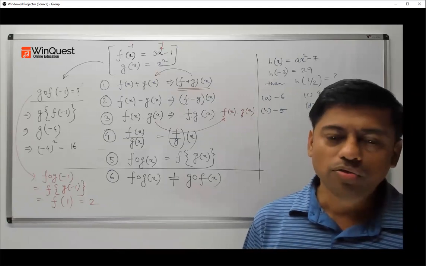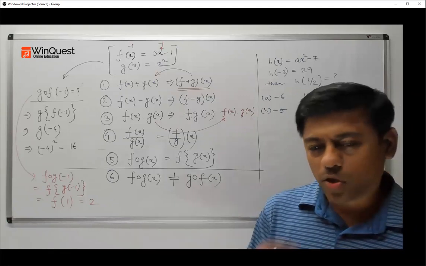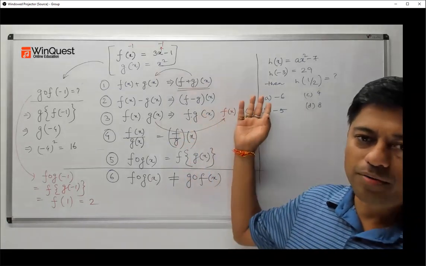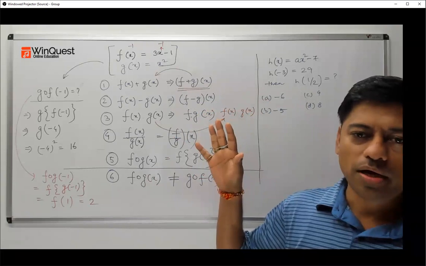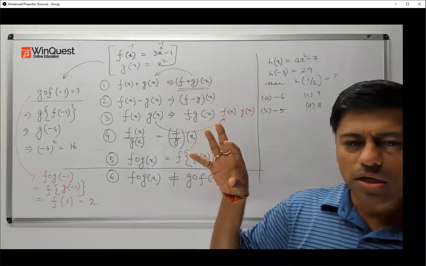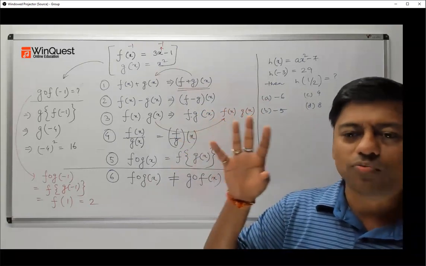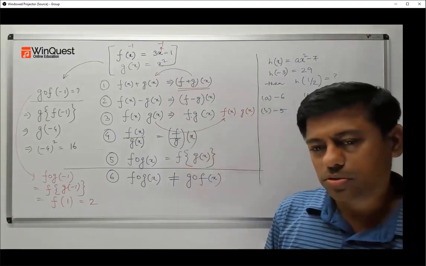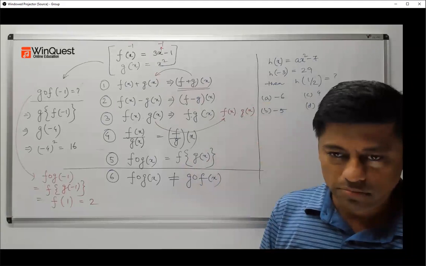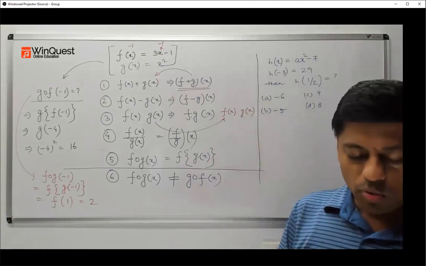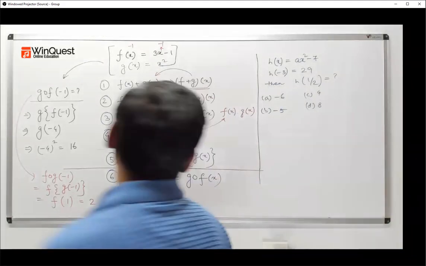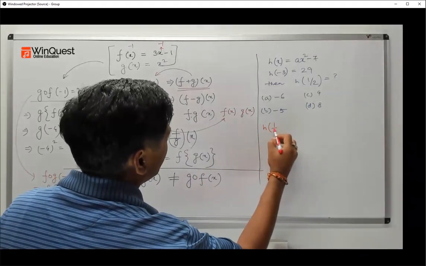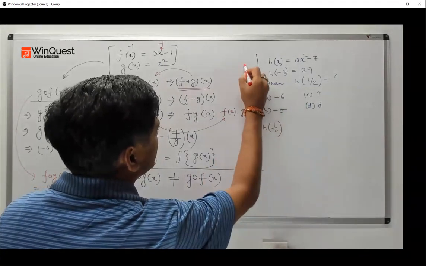Now, why is this the model problem? Because these kinds of problems, in general, have a variable or a constant that is unnecessarily introduced to create the hassle. Why am I saying so? If I want h of half, I know the function is here.